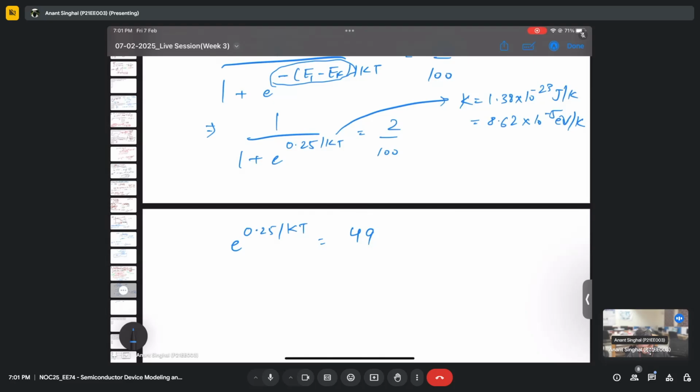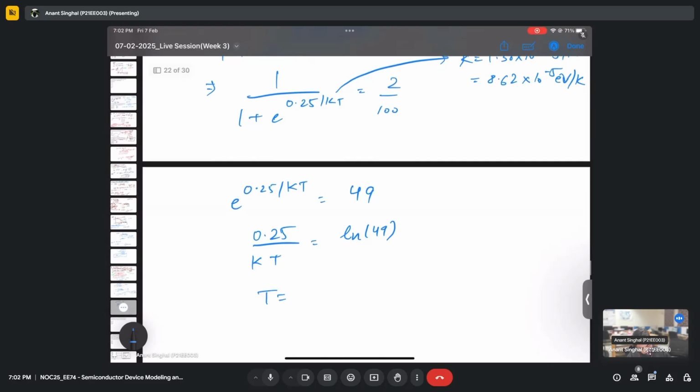Now if I take log of both sides, this will be 0.25 by KT, and this is ln 49. T will be nothing but 0.25 divided by K into ln 49. K is 8.62 into 10 to the minus 5, and ln 49. This will be the temperature in Kelvin.